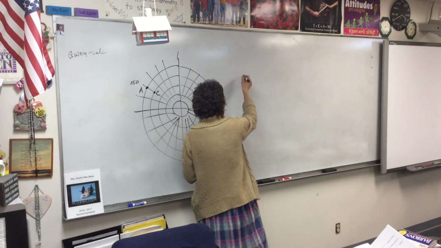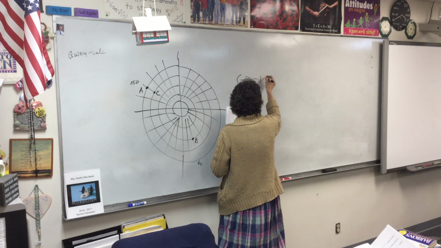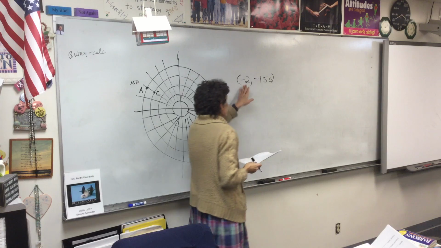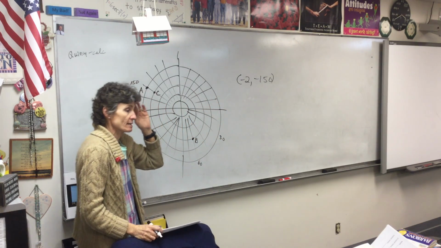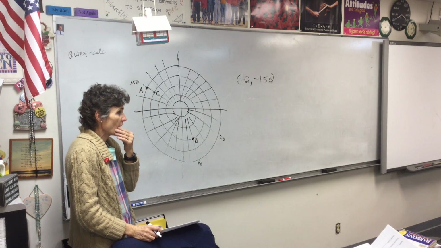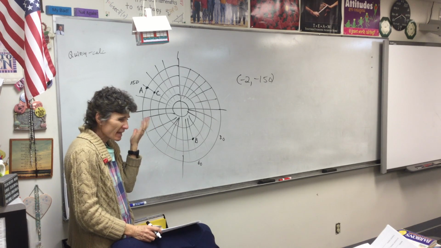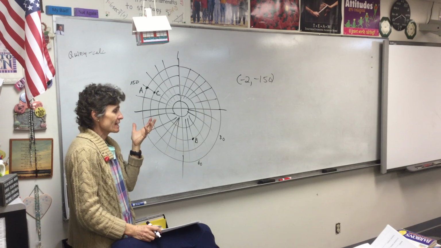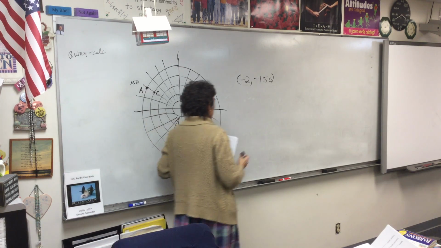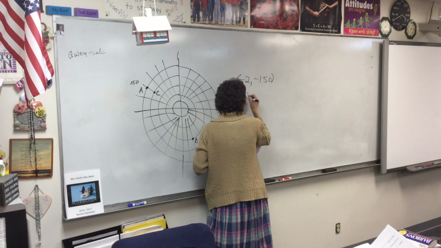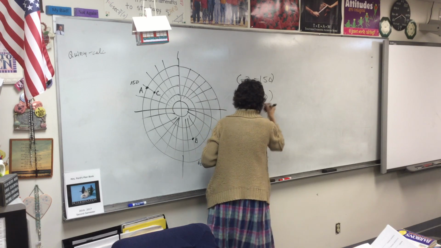And then D is a bit problematic because D has a negative radius, and I cannot plot, I mean, think about it. How are you going to plot a negative radius? You can't. So you've got to rethink that point. What does that point mean? 2 comma 30.